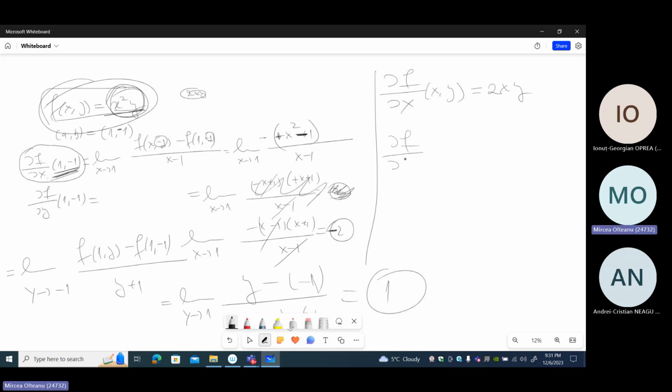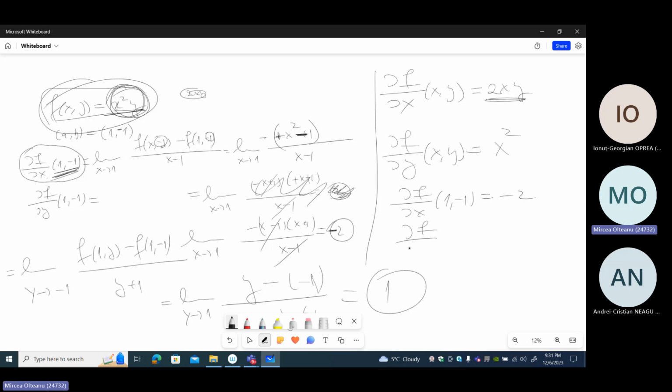On the other hand, the partial derivative with respect to y of f of x and y, if we think of this expression as a function of one single variable y, x being a constant, then the derivative will be, according to the usual rules of differentiation, x squared. In particular, if we want to compute the derivative with respect to x at the point 1, minus 1, we get minus 2 from here.